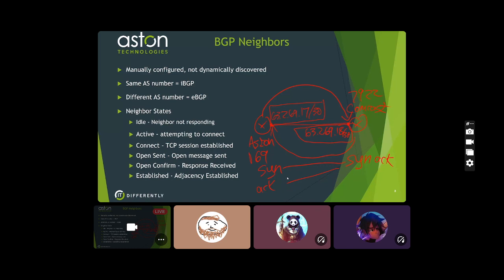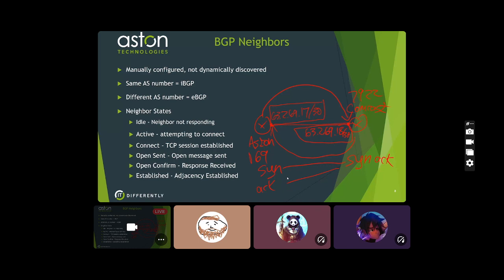I agree to become your BGP neighbor. Here is my information. I compared it to the information that you sent me, and as long as both sides agree that the information looks good, the adjacency is established. Only then do we actually exchange our BGP tables. So it's a long process to actually get set up here.